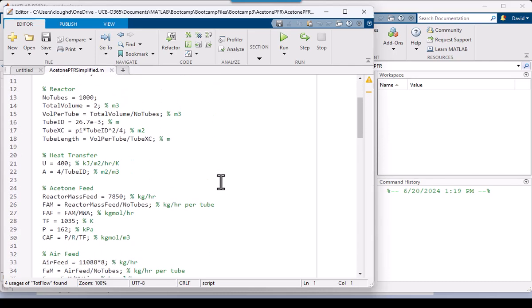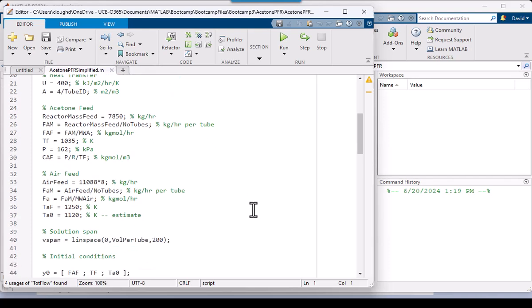And then we've got a heat transfer coefficient that we've had to estimate or come up with from a correlation. And then we've got a heat transfer area per length of tube, and in this case that is meters squared per meter cubed, and net units are meters to the -1.